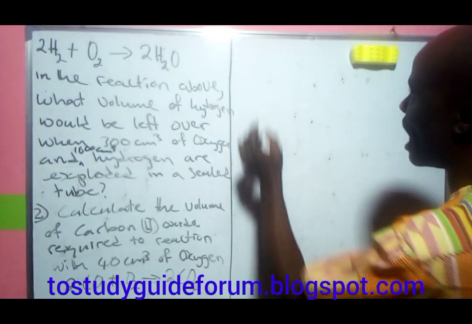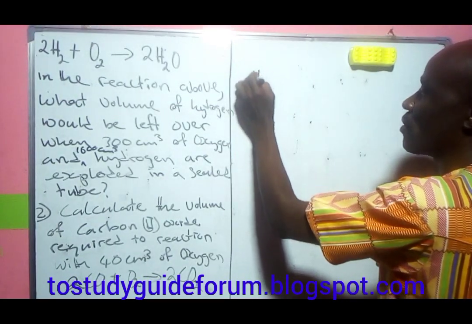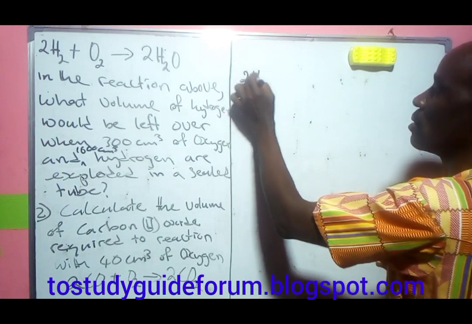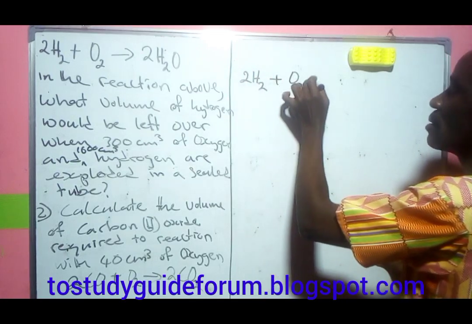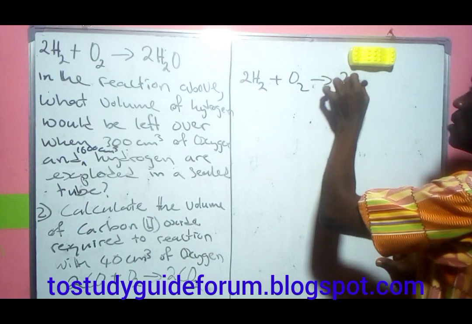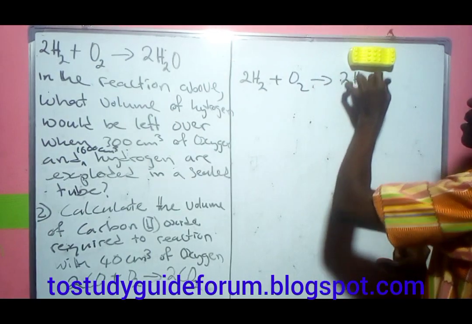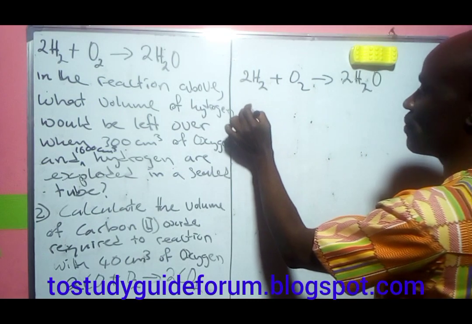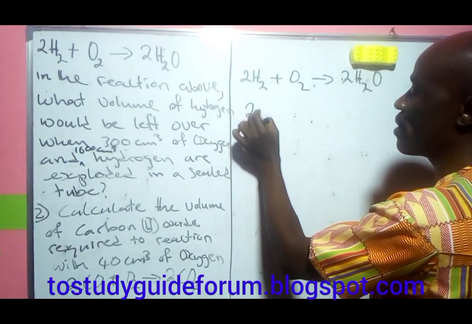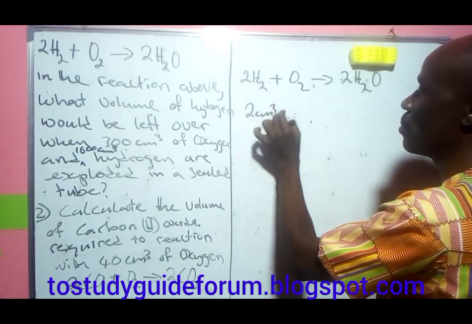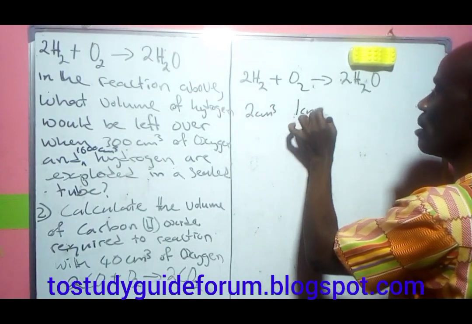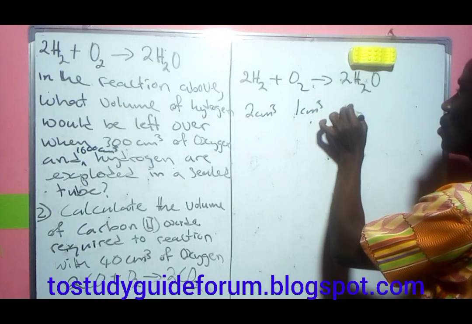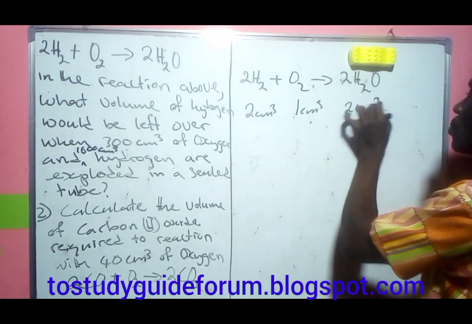From this chemical equation, which is balanced, according to Gay Lussac, the volume relationship we have here is 2 cm³, here is 1 cm³, and the other one is 2 cm³.